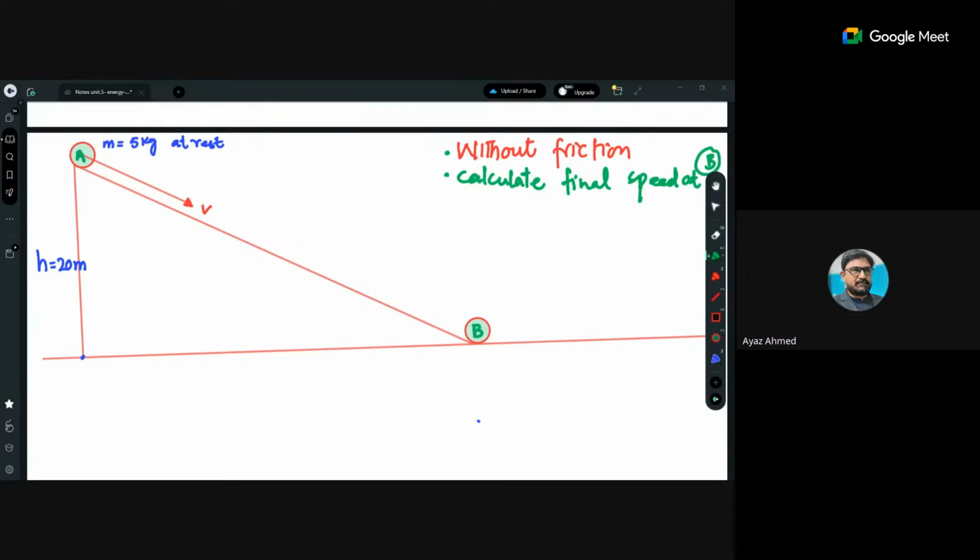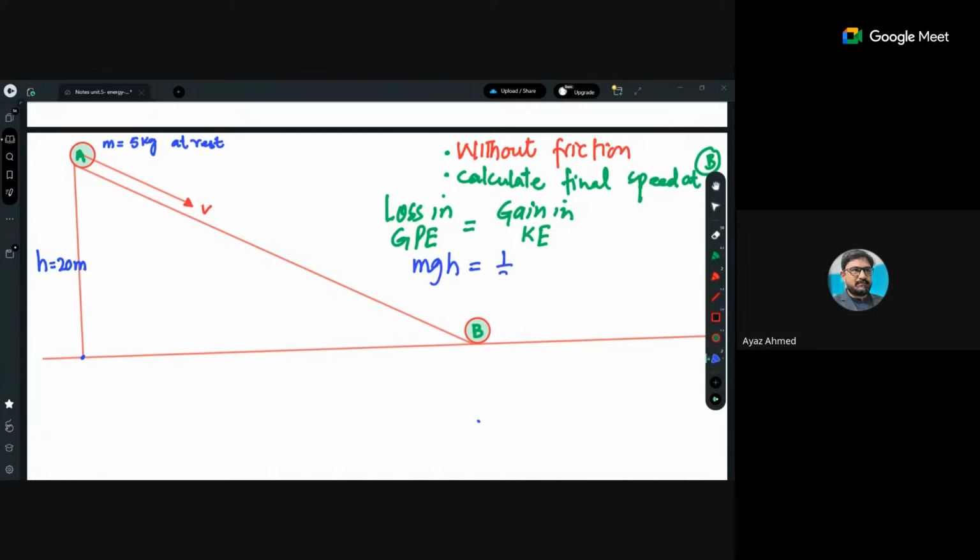Loss in energy is equal to gain in energy, right? Will I use that one? Yes, sir. So which energy is lost? Loss in GPE is equal to gain in KE.